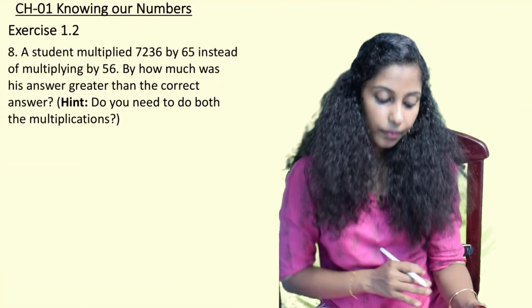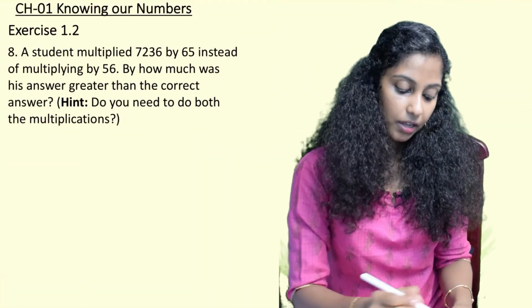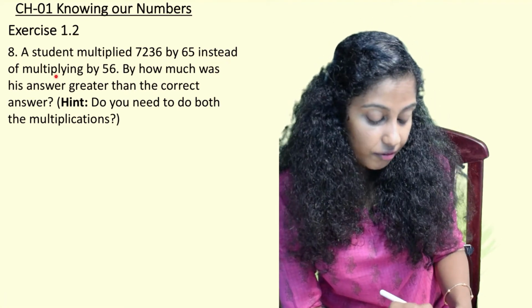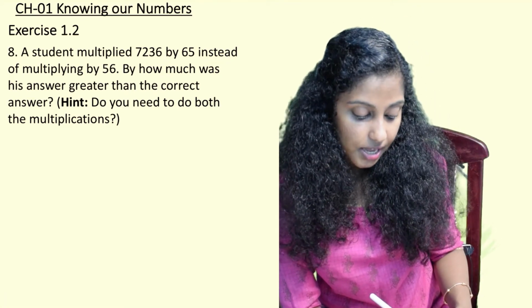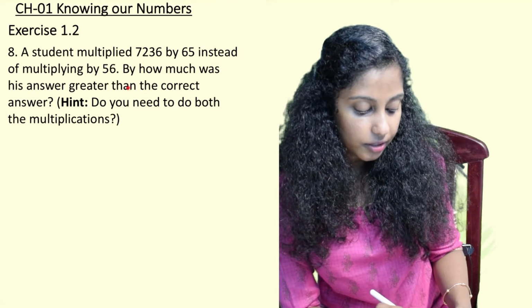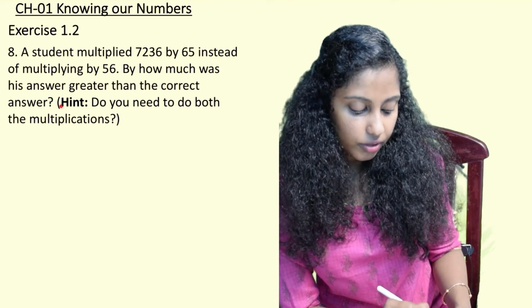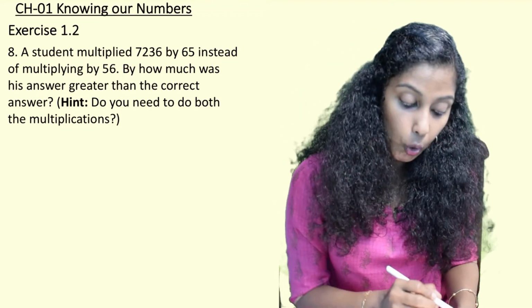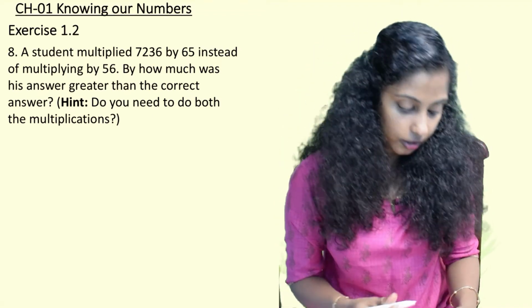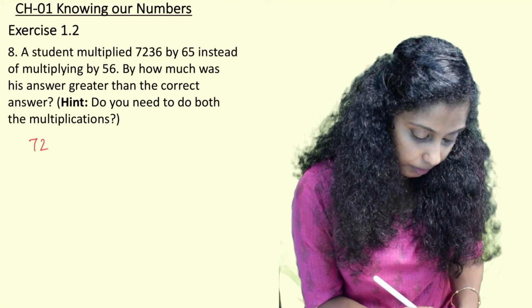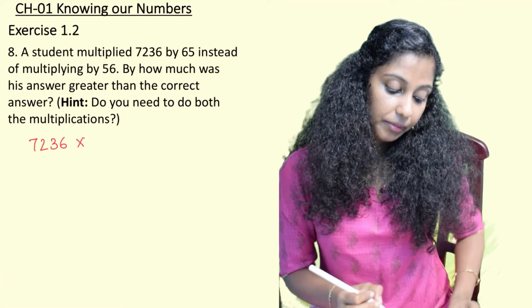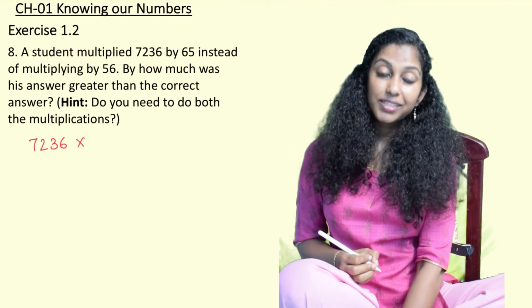Now the next sum is, a student multiplied 7,236 by 65 instead of multiplying by 56. So by how much was his answer greater than the correct answer? Hint: do you need to do both the multiplications? The answer is a big no, because we have learnt a shortcut. The student had to multiply 7,236 by 56, but he multiplied it by 65.